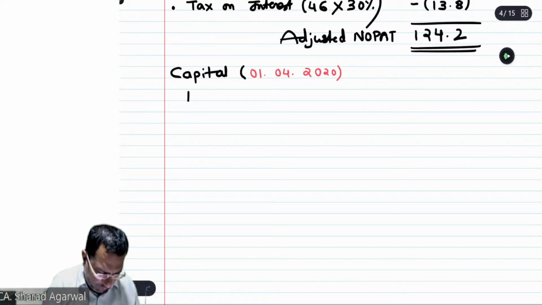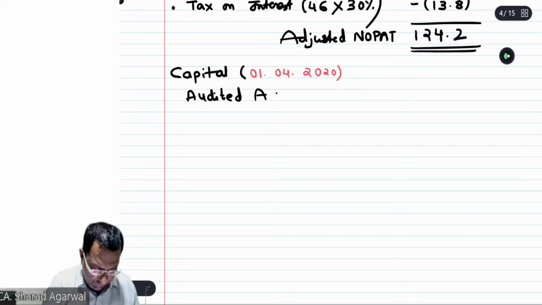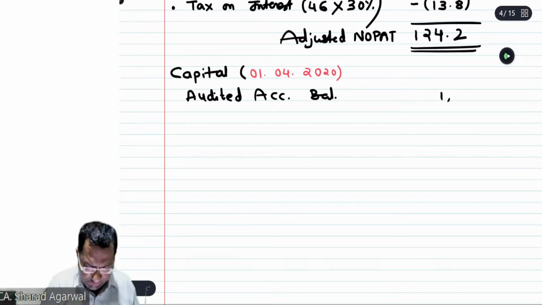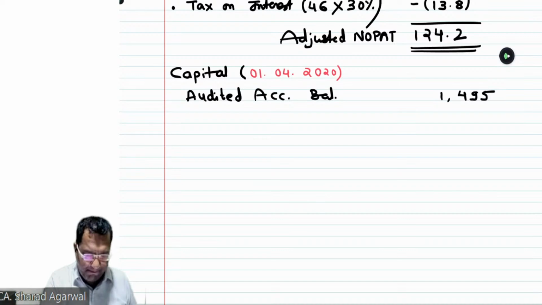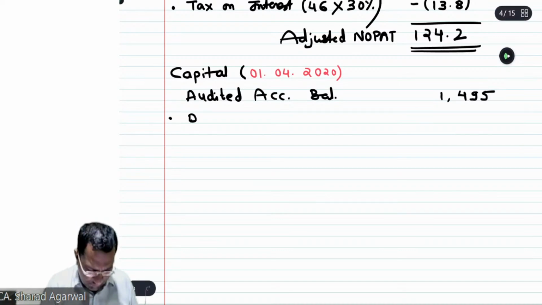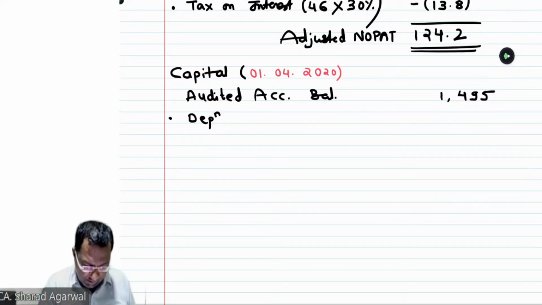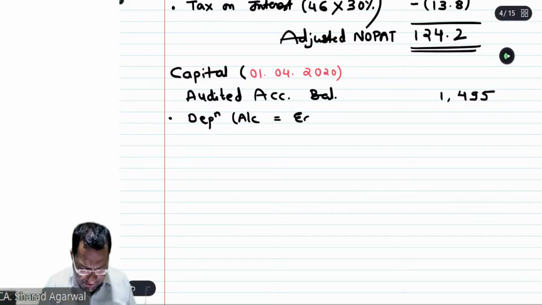So audited accounts balance, 1495. Okay, now whether there is any adjustment of depreciation, no. Accounting depreciation and economic depreciation are the same for financial year 1920.